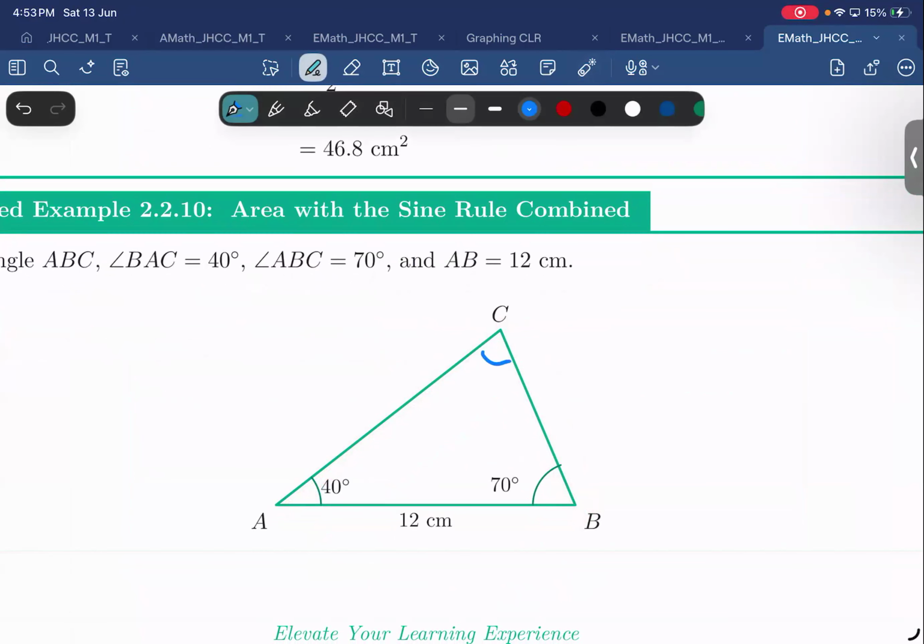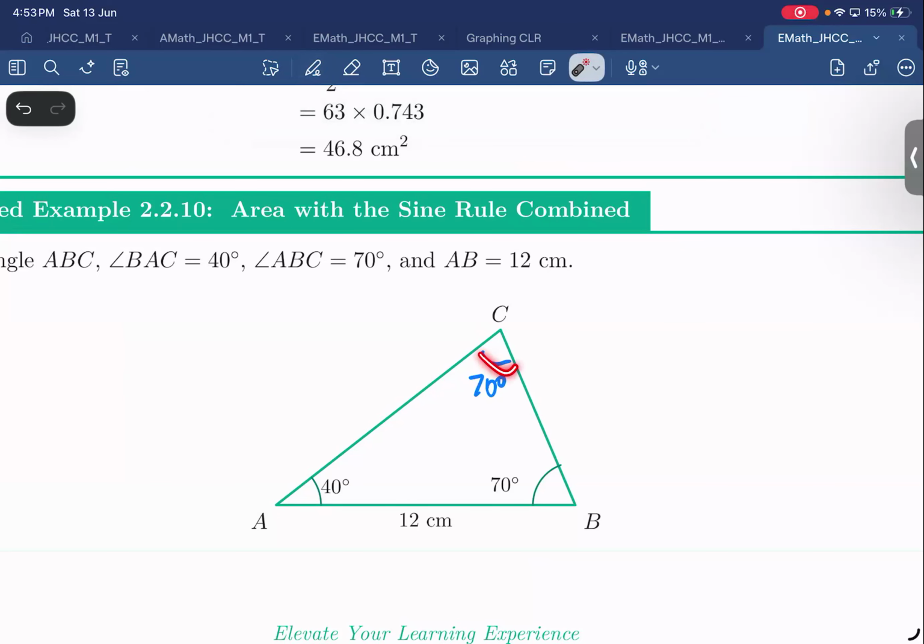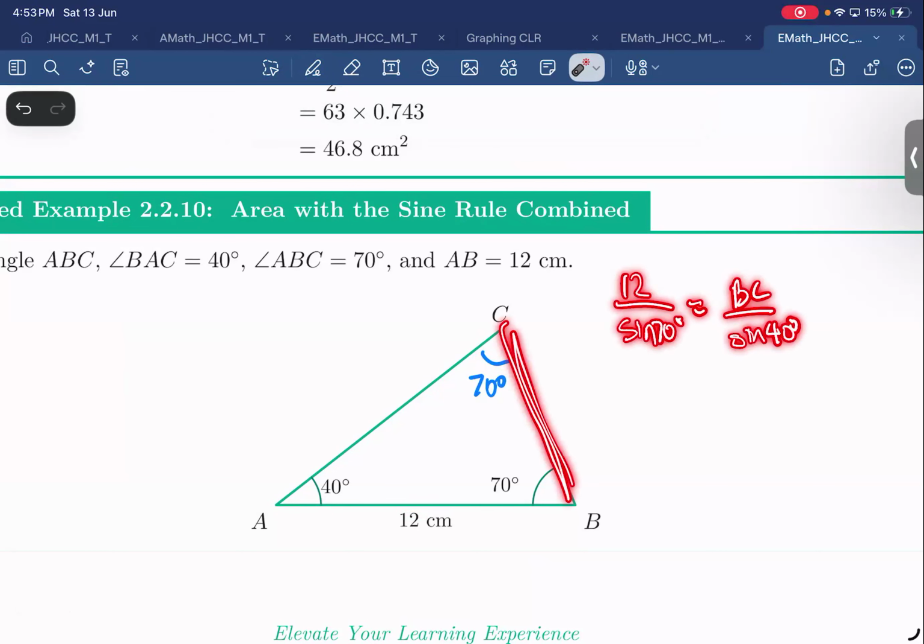This is going to be 70 degrees. If we use this, 12 and 70, so 12 over sine 70 degrees will be BC over sine 40 degrees, if you want to find BC. So this allows us to find BC. If we find BC already, then what we can do is to use half the area of triangle.